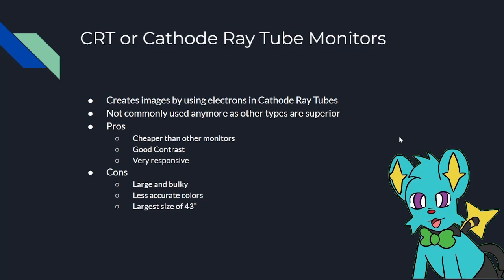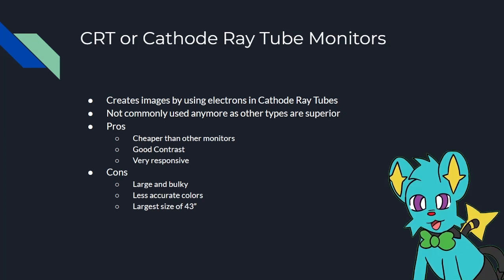There are the CRT monitors, which are not commonly sold anymore, as most other monitor types are superior to a CRT or cathode ray tube monitor. These are more legacy stuff. It's more stuff that you'd find from old computers.